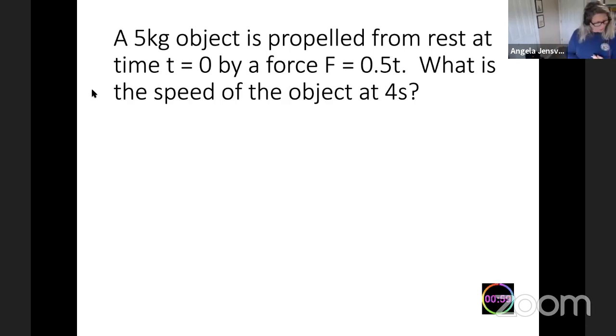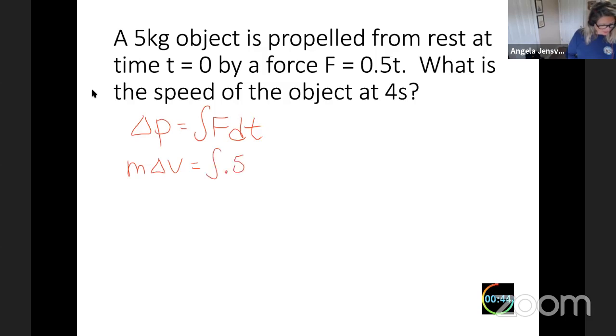Okay, so we want to know the speed, right? We know that change in momentum is the integral of F dt, so m delta v is equal to the integral of 0.5 t dt, but it started from rest, so v initial is 0.